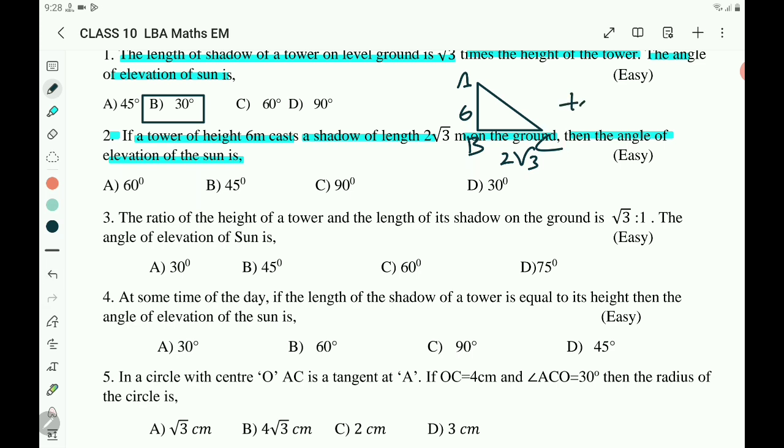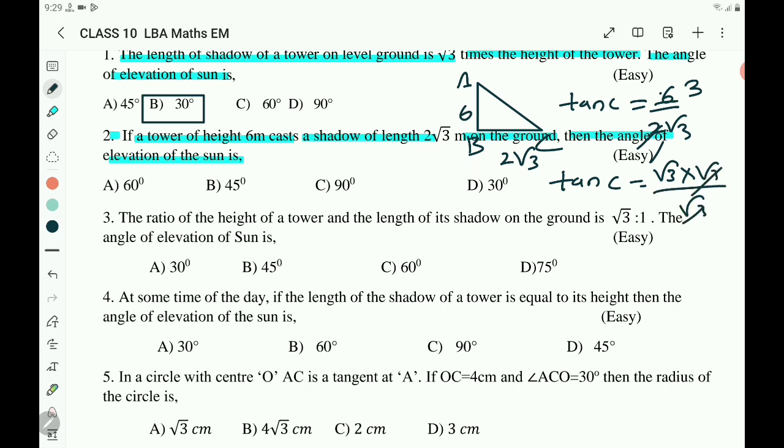That is, tan C is equal to opposite side by adjacent side, that is AB by BC, which means 6 by 2 root 3. Two ones are two, two threes are six. Then you can have tan C is equal to 3 by root 3, which can be written as root 3 into root 3 by root 3.